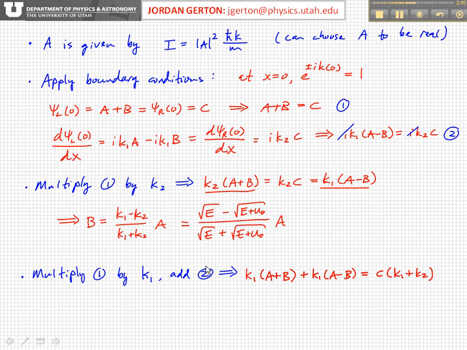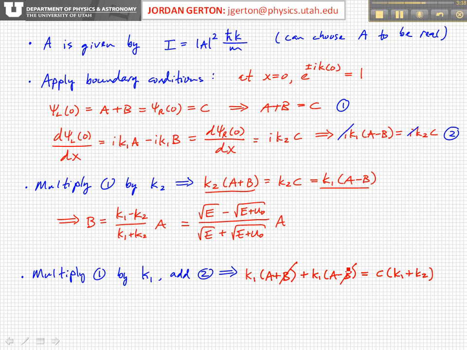Now if we multiply equation 1 by K1, we get K1 times A plus B is equal to K1 times C. And if we add that to equation 2, which is K1 A minus B equals K2 C, adding the left-hand sides and the right-hand sides, then we have a K1 B and a minus K1 B, so these cancel.